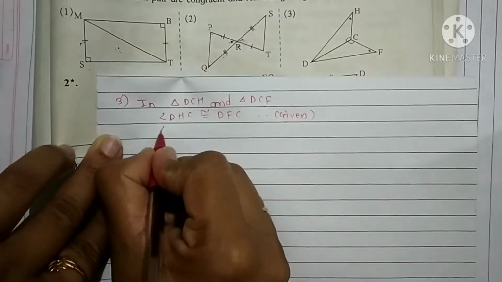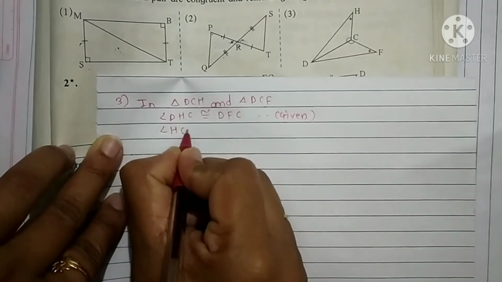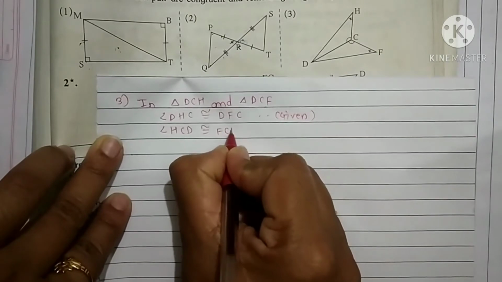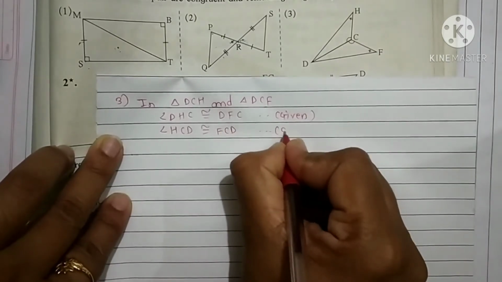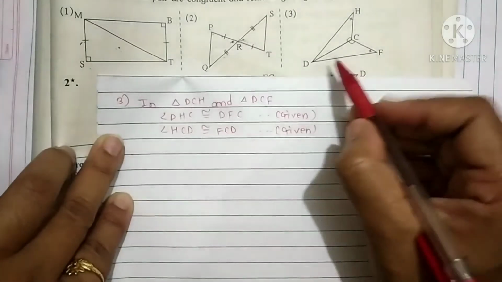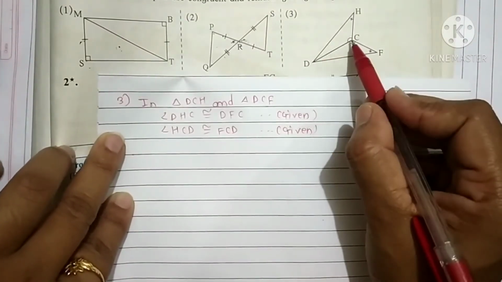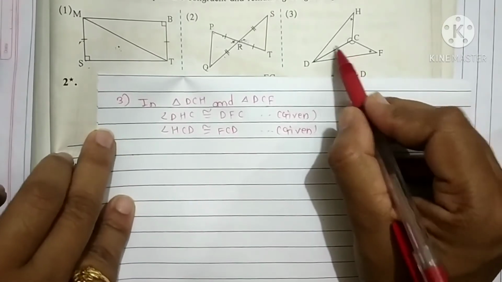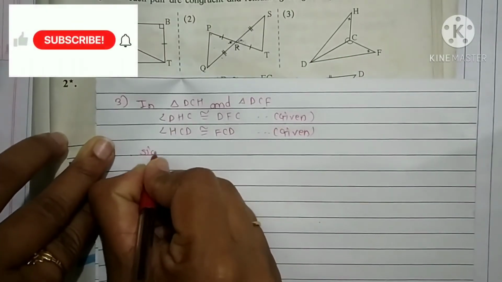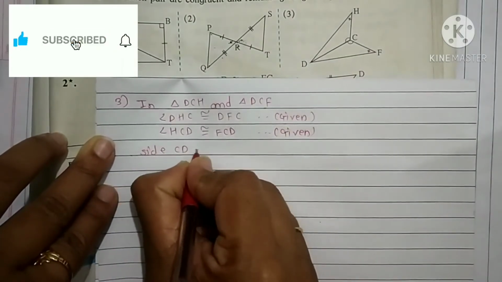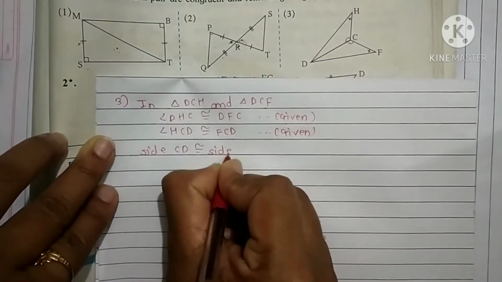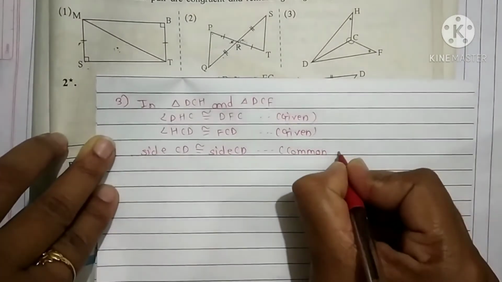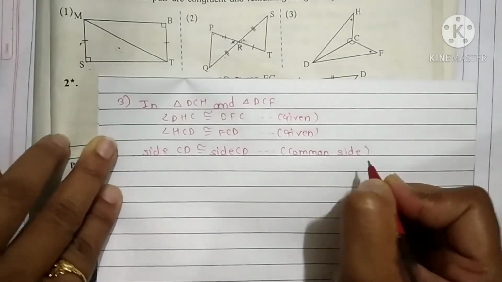Therefore we can write angle HCD congruent with angle FCD. This is also given. Now see this segment DC. This side is common for these two triangles. Therefore we can write side CD congruent with side CD, the common side.